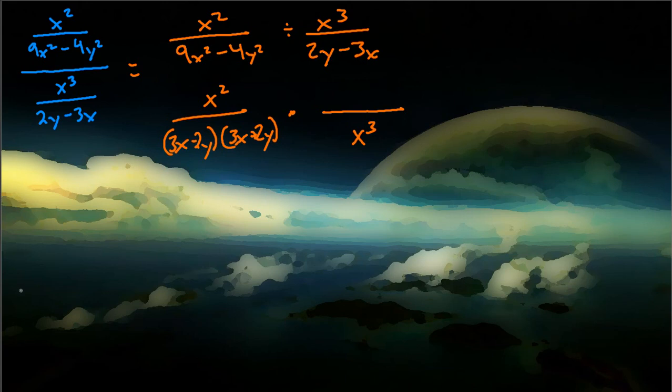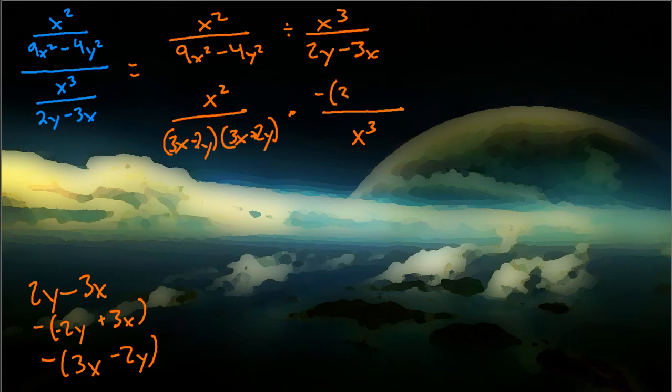Okay, so I'm going to do that trick again. So I have 2y minus 3x, and you see it's so close, right? The y is second. I'm going to factor out a negative, and I'll switch the order, commutative property, and negative 3x minus 2y. All right. What cancels?